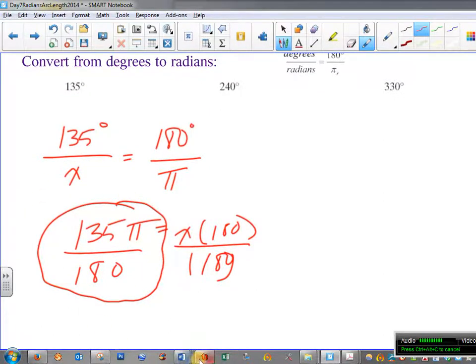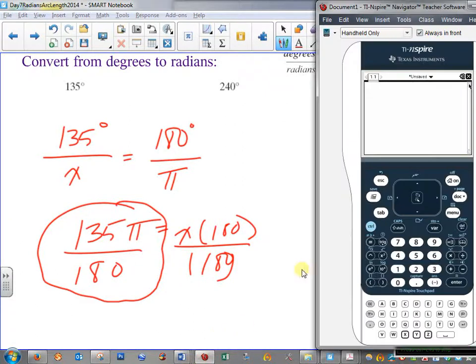So let's grab the calculator and let the calculator tell us if it's reduced or not. 135, fraction template, 135 on top, 180 on the bottom, and this ought to reduce. It does, reduces to 3 over 4. So we'll write that. We're actually reducing these numbers here. I still have a 3 on top, I have a 4 on the bottom, I still have a pi on top, so my answer in this case would be 3 pi over 4.